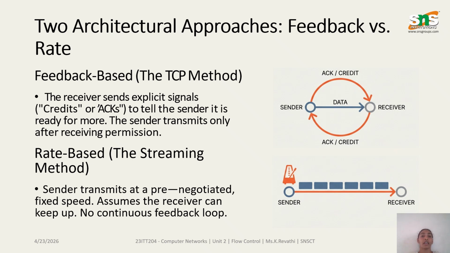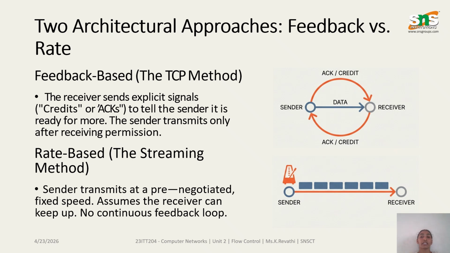It is very reliable and adaptive. Then the second method is nothing but the rate based method, that means streaming method. In this method, the sender sends at a fixed speed rate to the receiver, and assumes the receiver can handle it. Now continuous feedback will be sent to the sender. Then next, TCP uses the feedback based approach, making it more efficient than the other method.